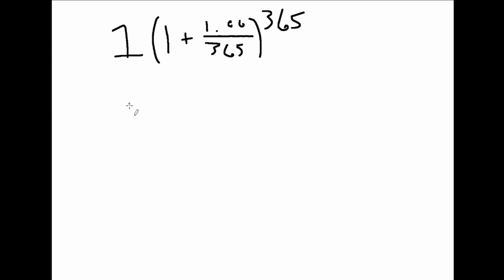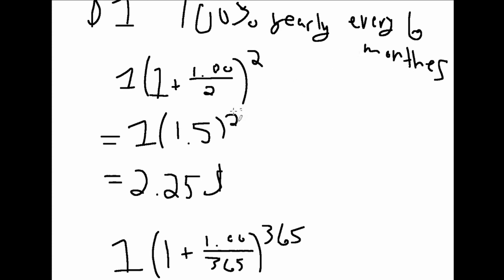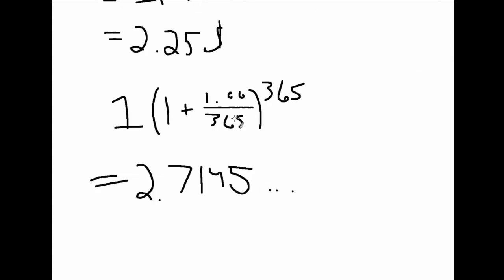So what would this equal to? Now, just plugging this into a calculator, you would get 2.7145... It keeps going. So pretty much, if you compound it every 6 months, you get 2.25, and every day you get 2.7145.